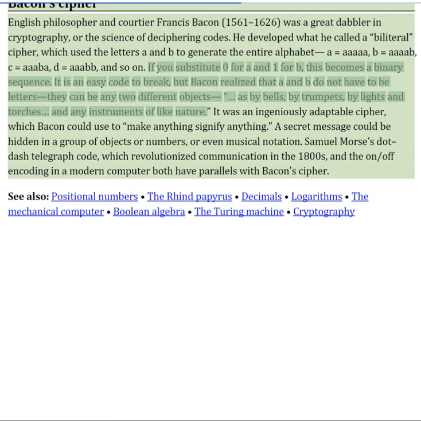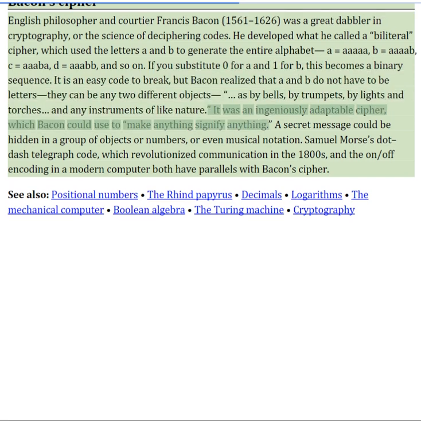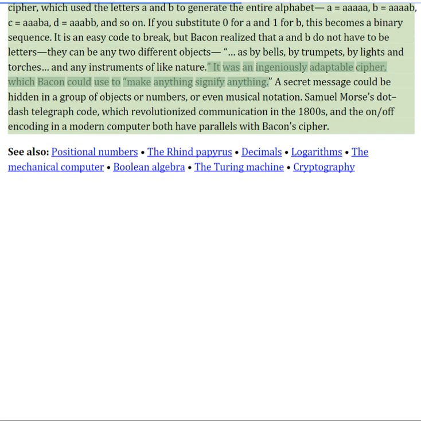If you substitute 0 for A and 1 for B, this becomes a binary sequence. It is an easy code to break, but Bacon realized that A and B do not have to be letters, they can be any two different objects, as "by bells, by trumpets, by lights and torches, and any instruments of like nature." It was an ingeniously adaptable cipher, which Bacon could use to make anything signify anything.